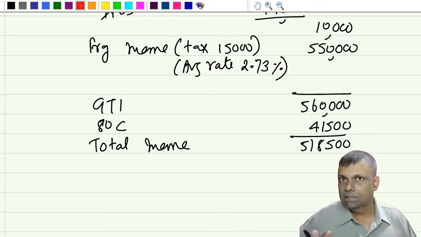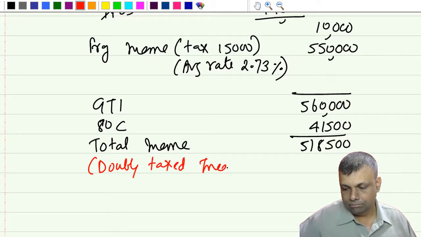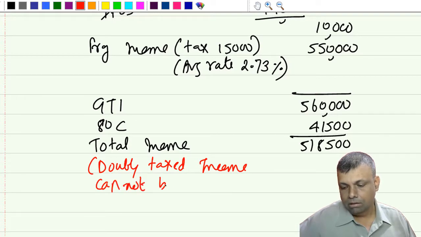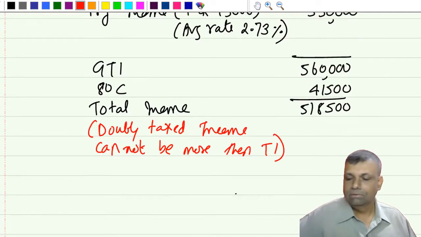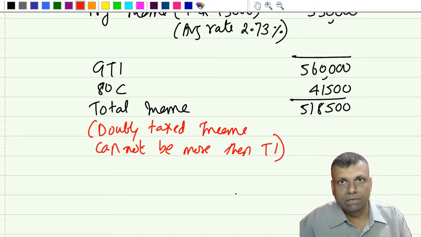Now, friends, one logical statement I am making, but the law does not say that. It's only a logical statement I am making. A doubly taxed income cannot be more than the total income. Naturally, no? In India, you are taxing only 5,18,500. So in one country, you are taxing only 5,18,500.